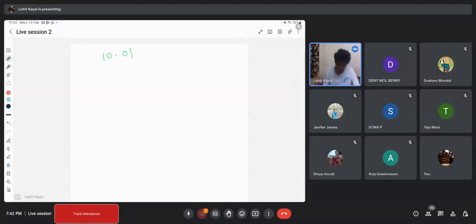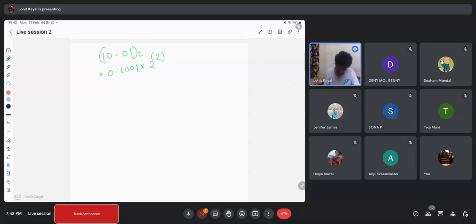How can we convert it? The first step is to convert it to the normalized number. So it will be 0.1001 into, sorry, not 10, this is in the decimal basis, it will be 2 to the power 2.